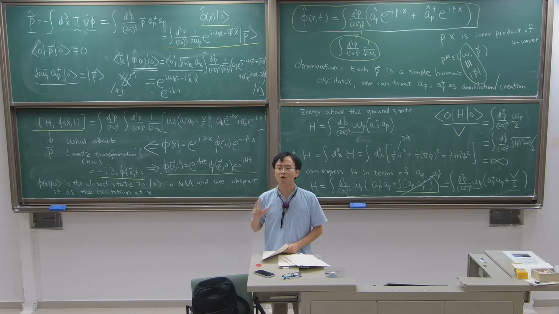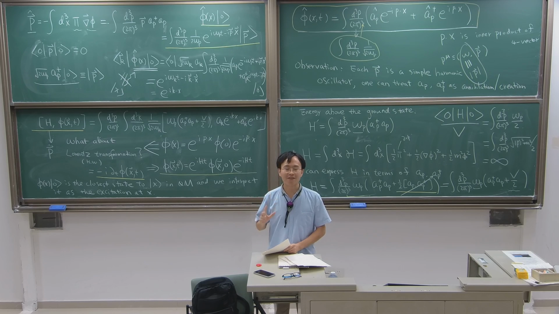This is all about the quantization of free fields. So basically, with this amount of knowledge, you can work out everything about the free fields. Really everything. For any given operator, any given state, any physical observable, you can just compute it. Easy enough.